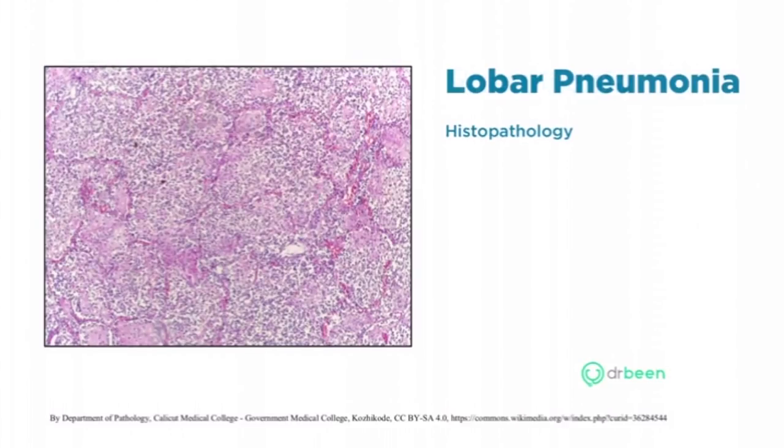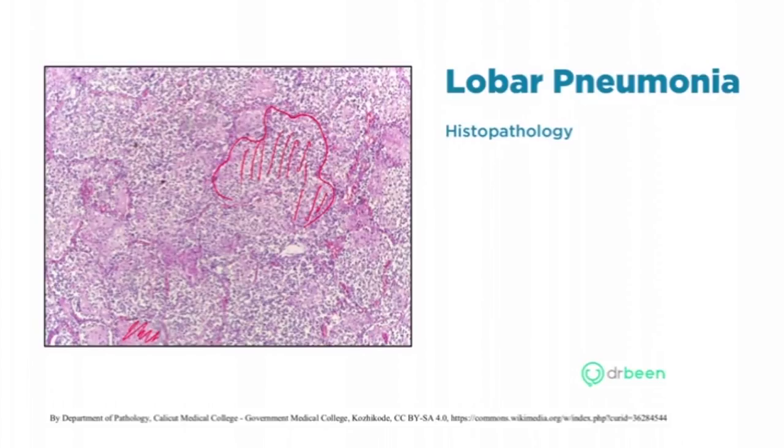Here, look at this lobar pneumonia. This is such a beautiful slide. So look at this. This is actually an alveolus. And what is all this in here? This all is cells plus proteinaceous material. Do you see this pink hyalinized proteinaceous material everywhere? So this is the lobar pneumonia typical presentation.